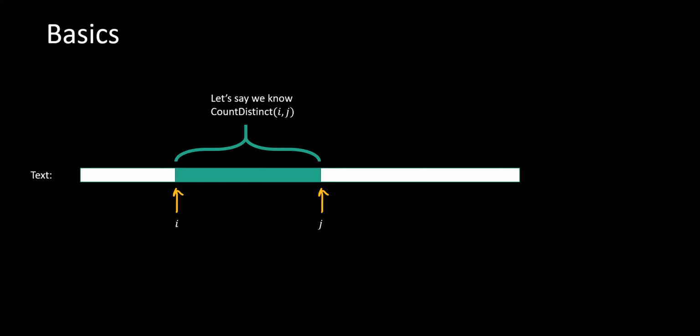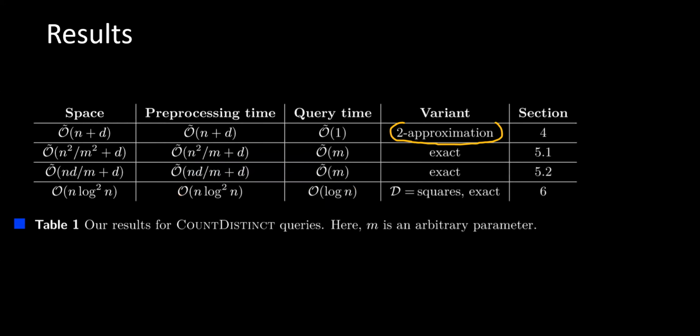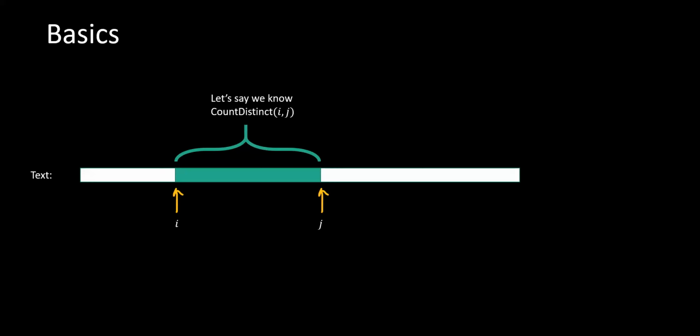And we do something literally like this in the case of the trade-off solution, but here it will be a little bit different. So let's say that somebody has told us the answer for some query.